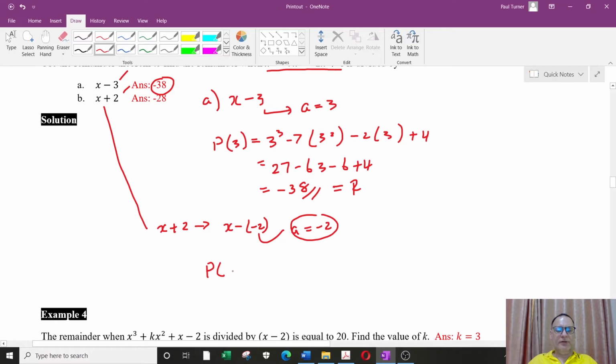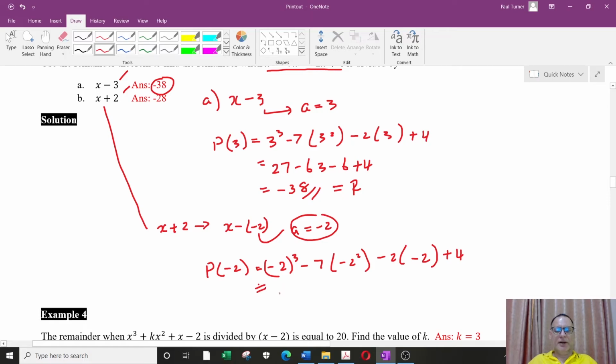So p of minus 2 is minus 2 cubed, minus 7 times minus 2 squared, minus 2 times minus 2, plus 4.